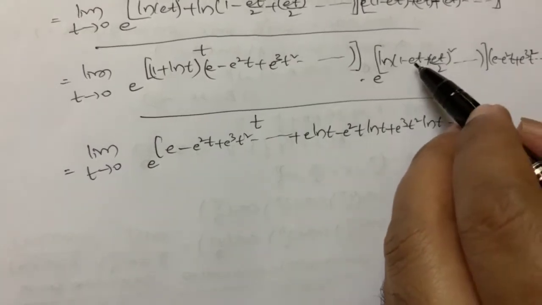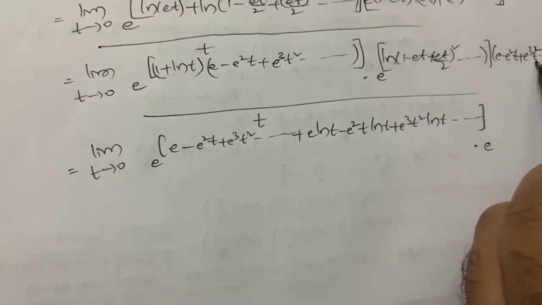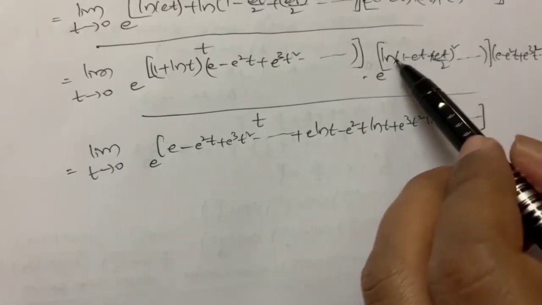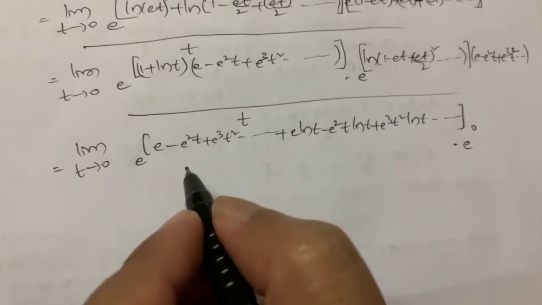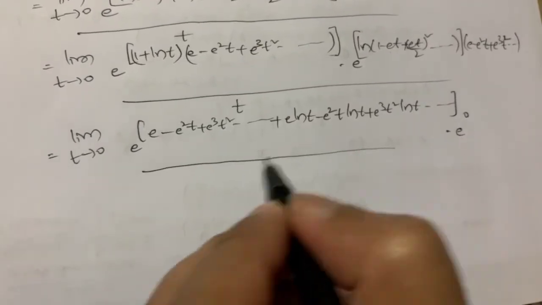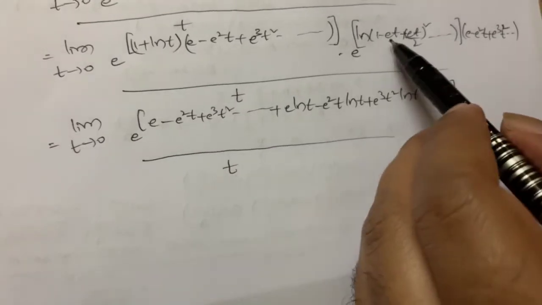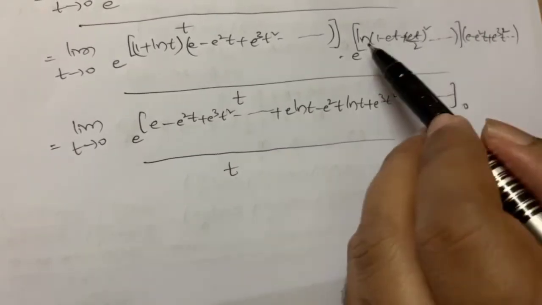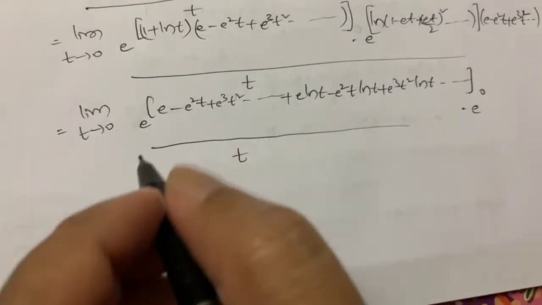So let's say if I put et is equal to 0 here, ln 1 is 0 and here e, so ln 1 is 0 into e is 0, so e power 0 by t. So e power 0 is 1, so we evaluated this part, so this part is 1, so this part we are seeing now.